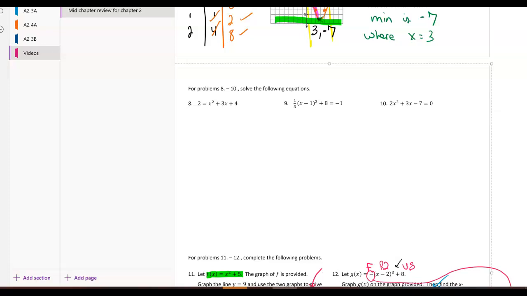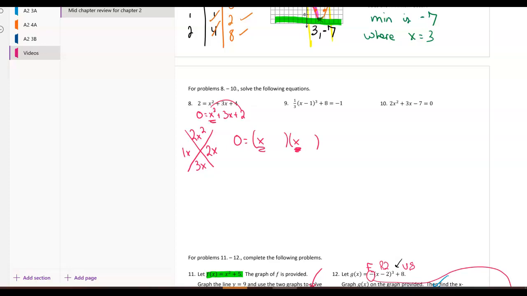So number 8 has more than one type of x, so I will move the 2 over by subtracting it. And then because that is more than one type of x, I'm going to try to factor it. So I need factors of 2 that make 3. So I'm going to get x and x are all I need for my neighbor so far to make the x squared.